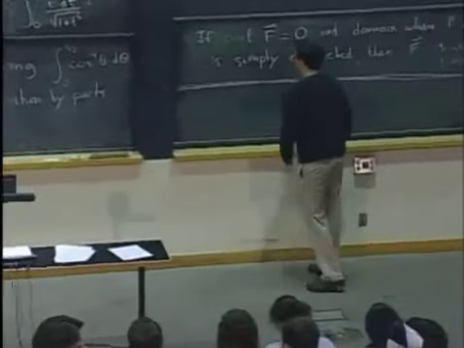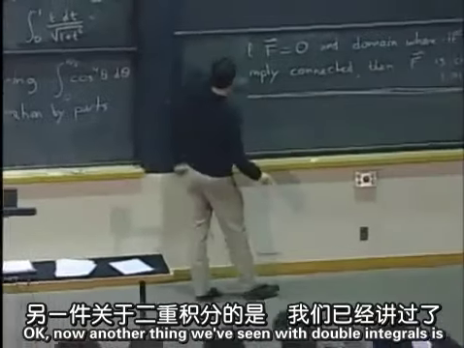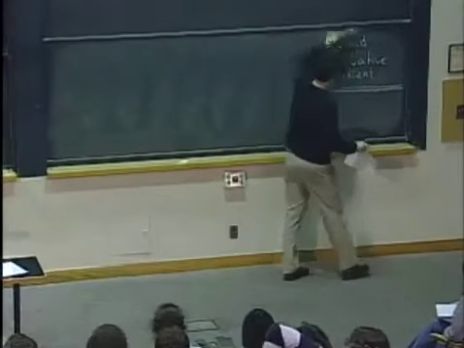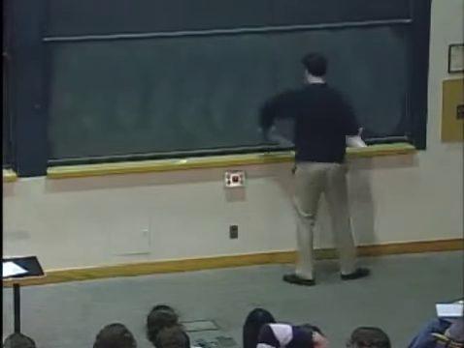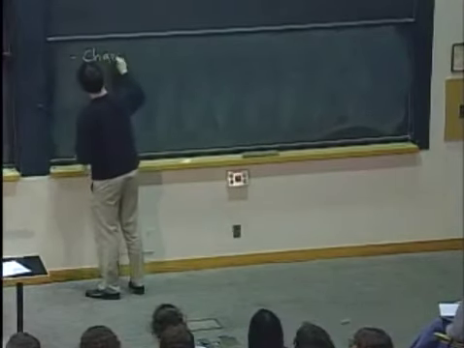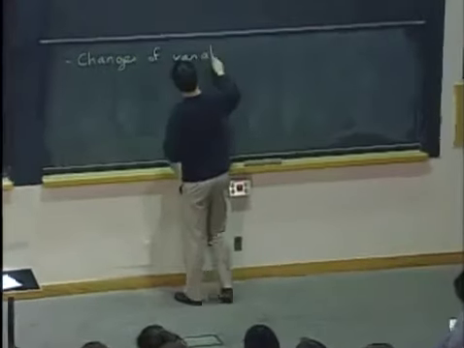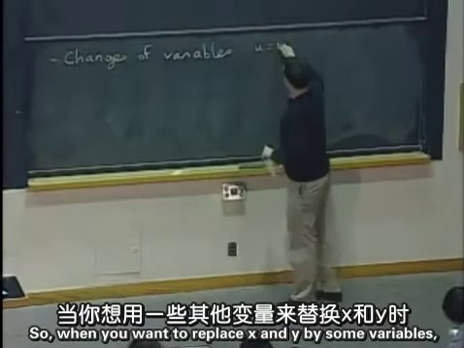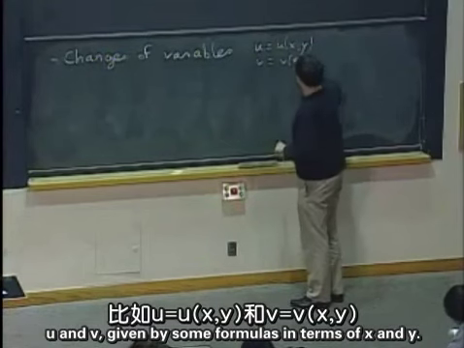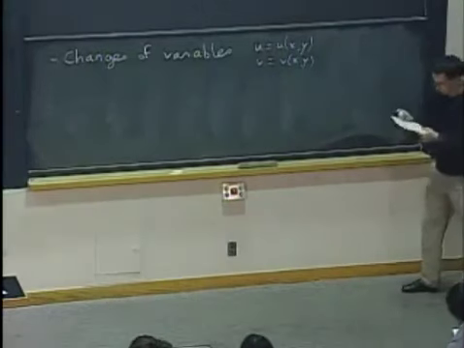Okay. Now, another thing we've seen with double integrals is how to do more complicated changes of variables, when you want to replace x and y by some variables u and v given by some formulas in terms of x and y.